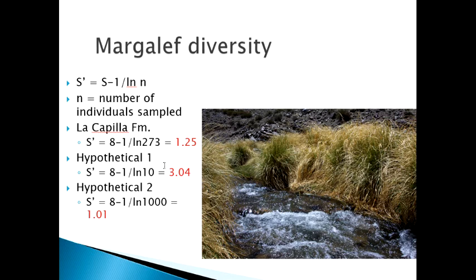So this large number, 3.04, intimates to us that the diversity is actually higher. Here's our actual data, the 1.25, and then if we sat here and collected 1,000, we get an even lower number. What if we sat there and collected 10,000? We'd get an even lower number. All right.